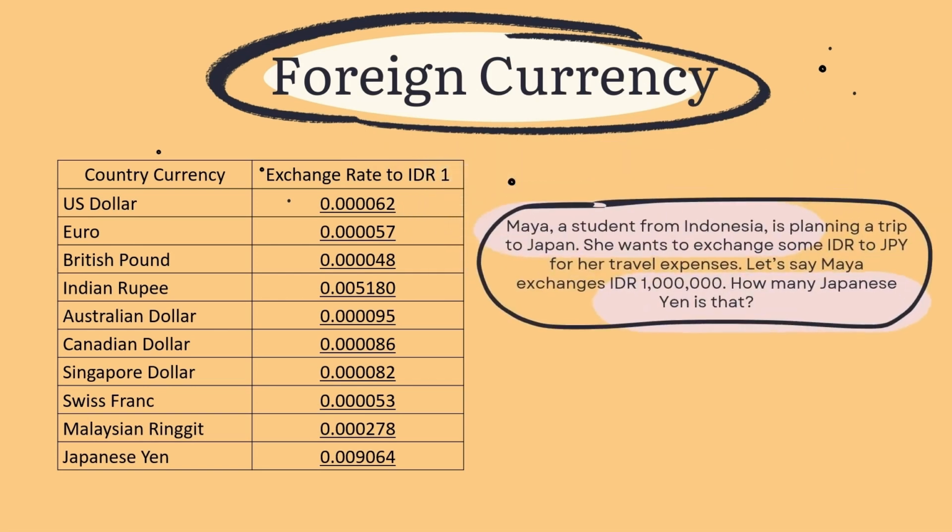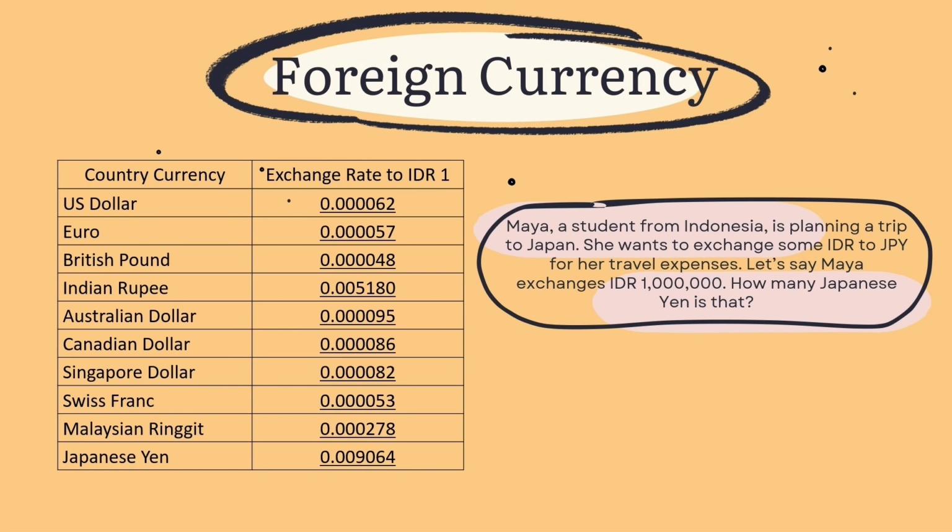So, for example, Maya, a student from Indonesia, is planning a trip to Japan. She wants to exchange some Indonesian rupiahs to Japanese yen for her travel expenses.